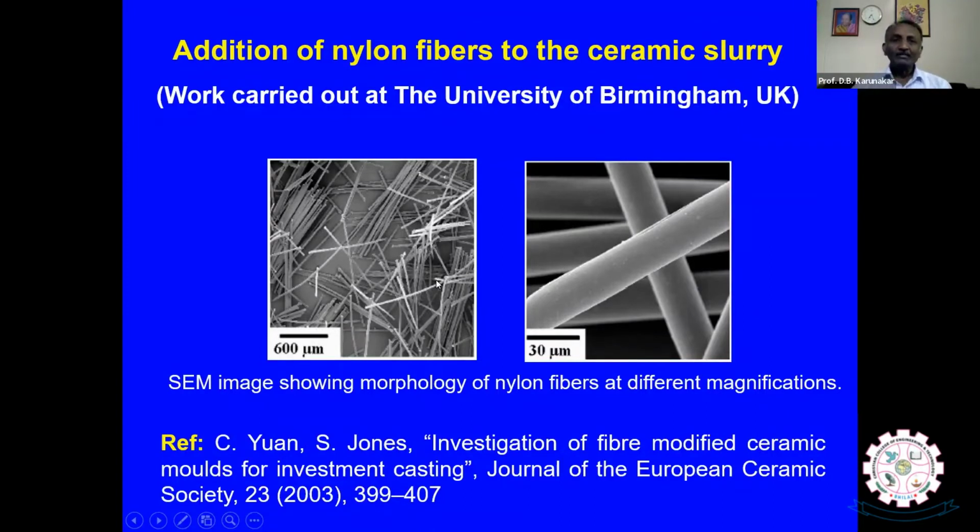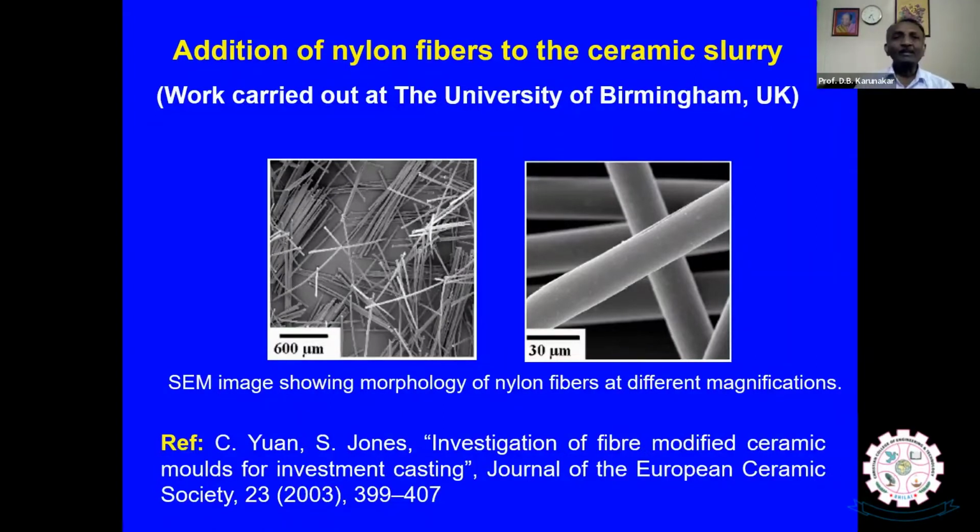Now, what they have done is, we have to make the ceramic slurry, and in the ceramic slurry, they have mixed tiny nylon fibers. These are the tiny nylon fibers. What is the diameter? 600 microns, and the length maybe 5 or 6 millimeters.